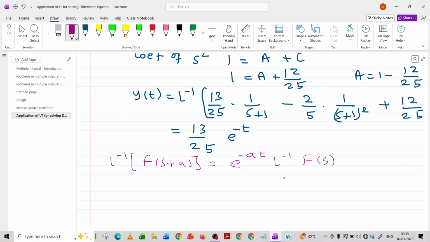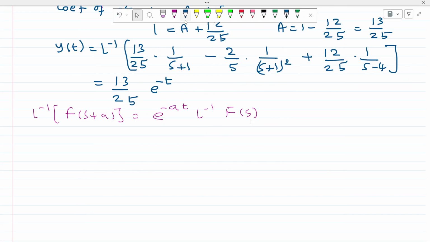So if you apply that formula here, what do you get? Minus 2 by 5 e power minus t in that f of s. F of s is there, na? L inverse of f of s is there, na?